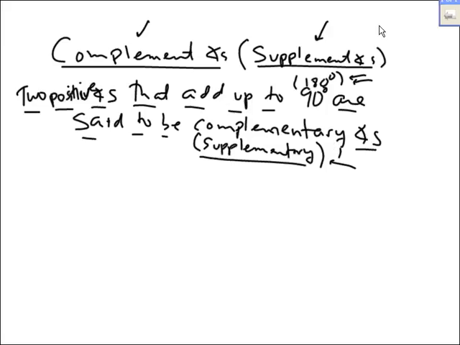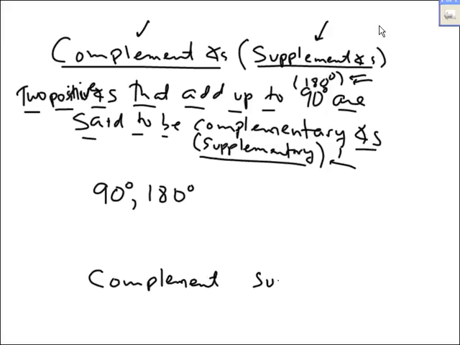Now, how I remember which is which: first I remember that one definition is 90 degrees, the other is 180 degrees, and I have to remember that one is complement and the other one is supplement. Now this you have no choice about.